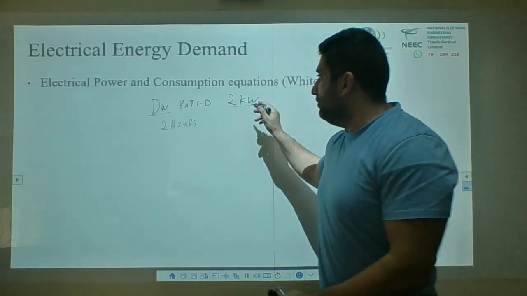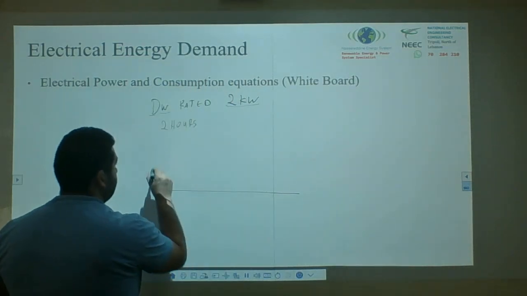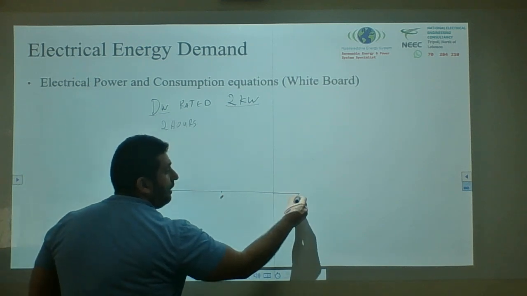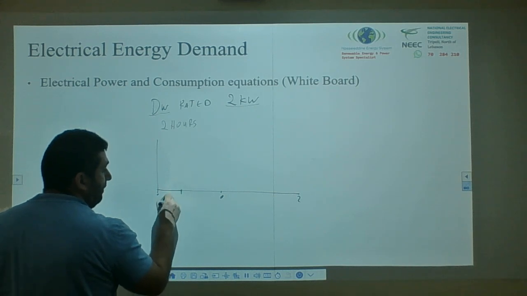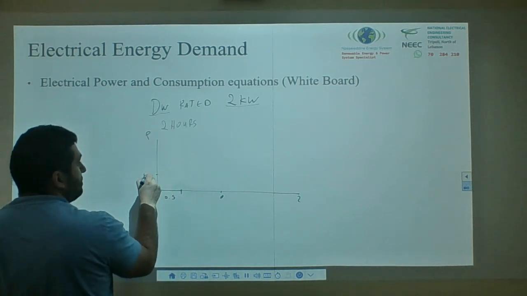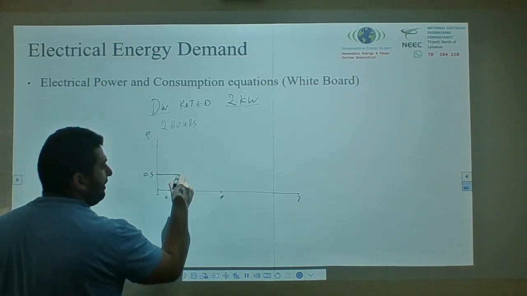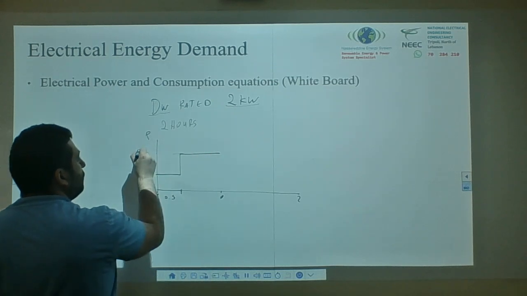So let's assume during these 2 hours, this is my 2 hours. This is 0, hour 1, hour 2. For example, at the beginning, for half an hour, the consumption was 0.5. And then between 0.5 to 1, let's assume it went up to 1 kilowatt.